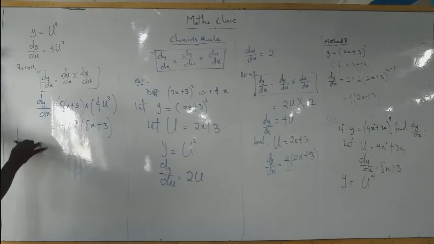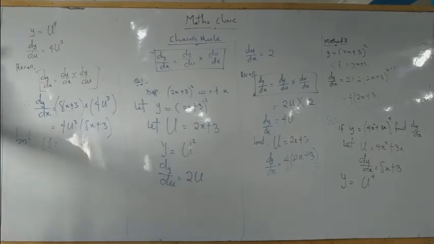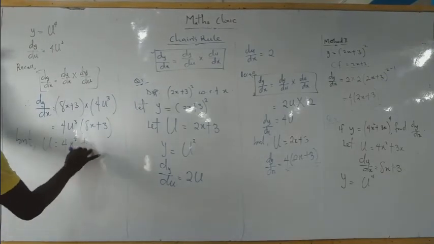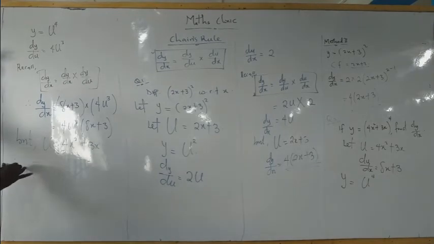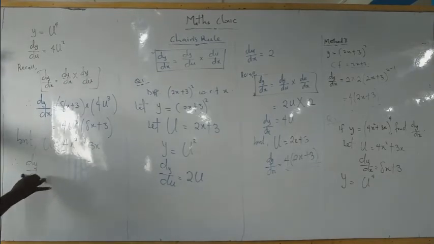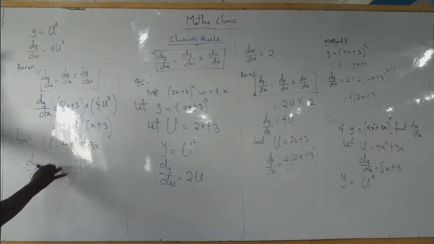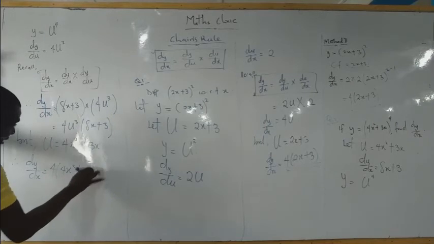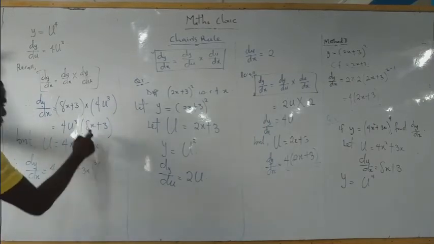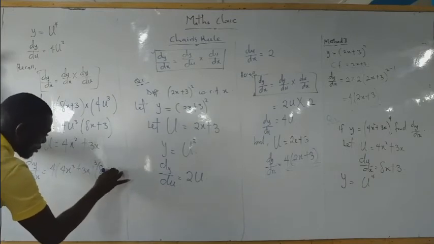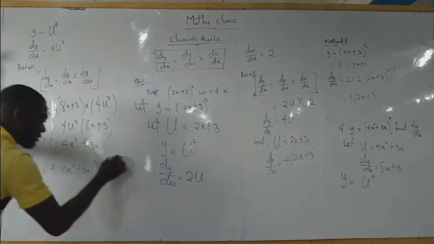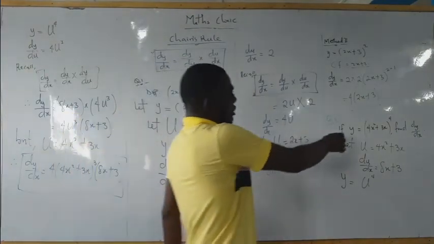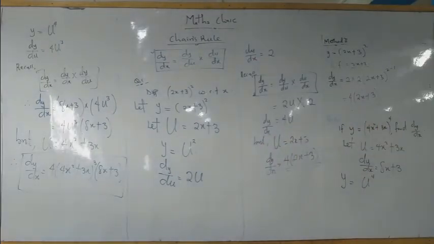But u is equals to 4x squared plus 3x. Therefore dy over dx equals 4 into bracket 4x squared plus 3x all raised to power 3 into bracket 8x plus 3. This is the derivative of y equals (4x squared plus 3x) all raised to power 4.